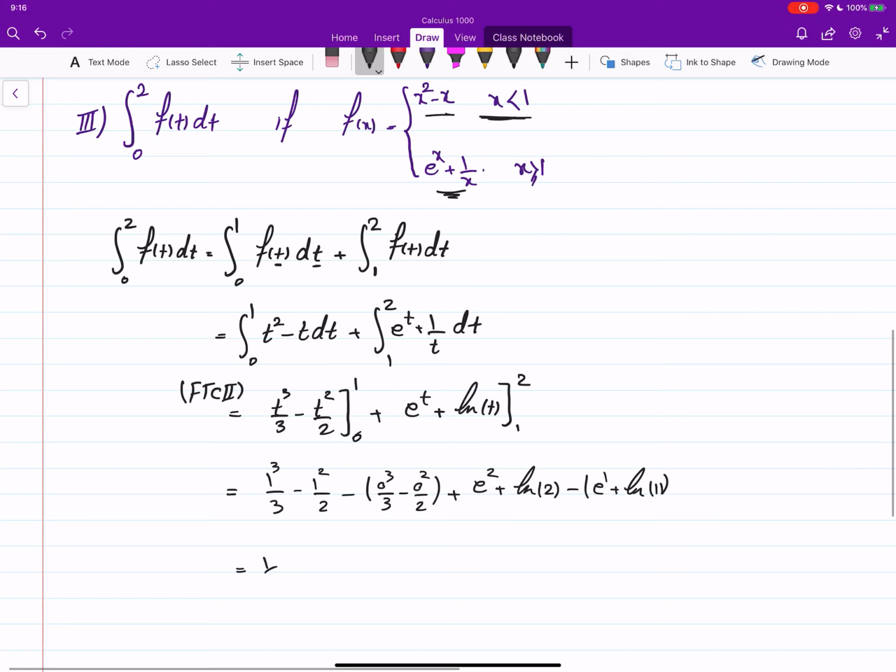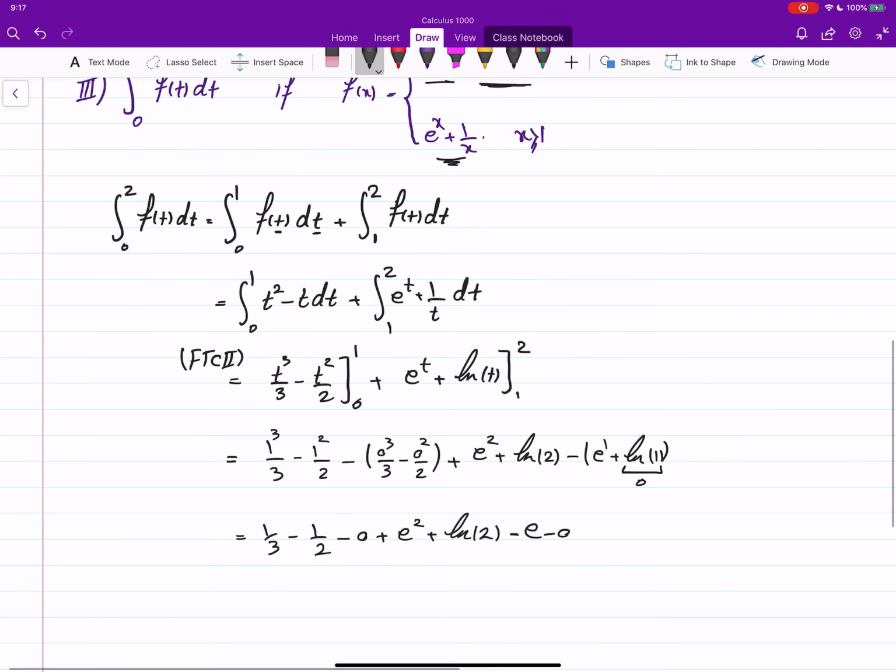Here, this is 1 over 3 minus 1 over 2 minus 0 plus e squared plus ln 2 minus e, and ln of 1 is 0, so that will be minus 0. And well, that's the number we were looking for.